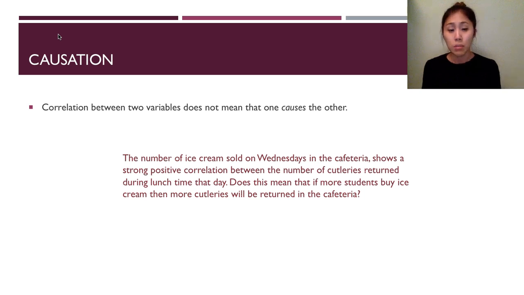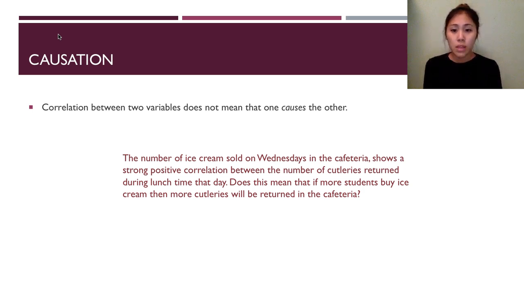So here's an example. The number of ice cream sold on Wednesdays in the cafeteria shows a strong positive correlation with the number of cutleries returned during lunchtime that day. So does this mean that if more students buy ice cream, then more cutleries will be returned in the cafeteria? The answer to that should be no, right?